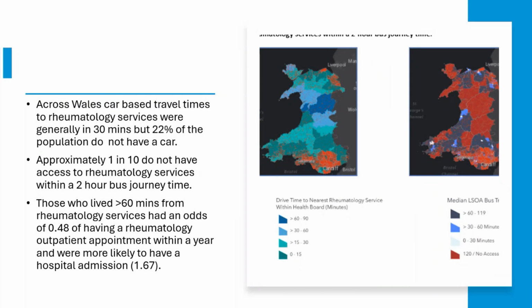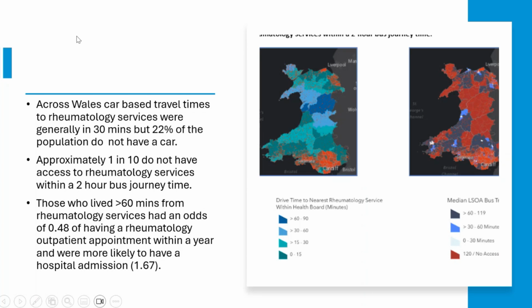If you lived more than 60 minutes from a rheumatology service, the odds of you having a rheumatology outpatient appointment within the year was about half versus those who lived closer to rheumatology services. And people who lived further away from services were much more likely to have needed a hospital admission.